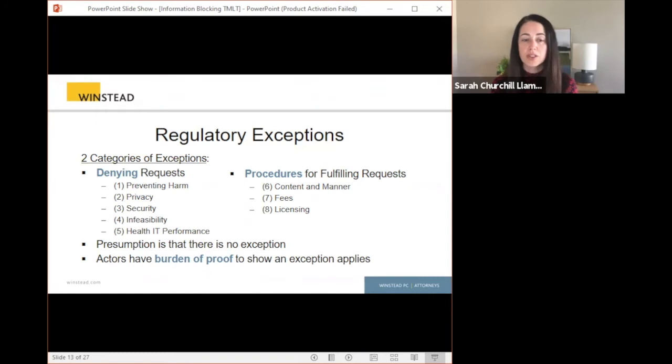So the presumption is that there is no exception, and the actors have the burden of proof to actually show that an exception applies. And there has to be a determination made every single time a request is made.